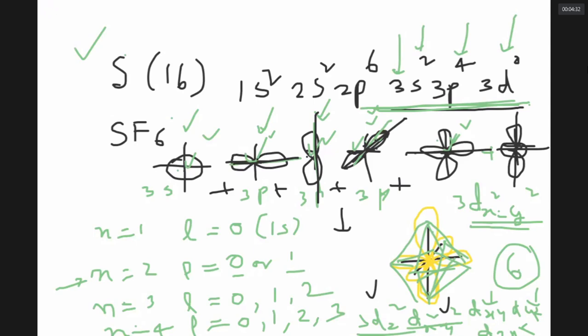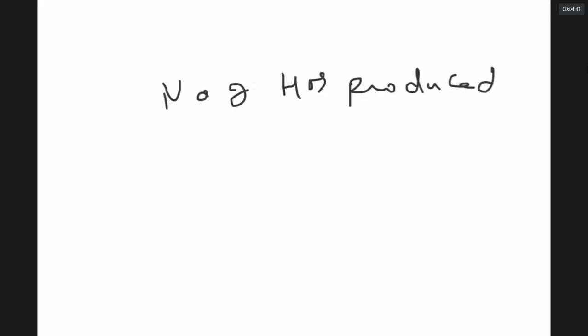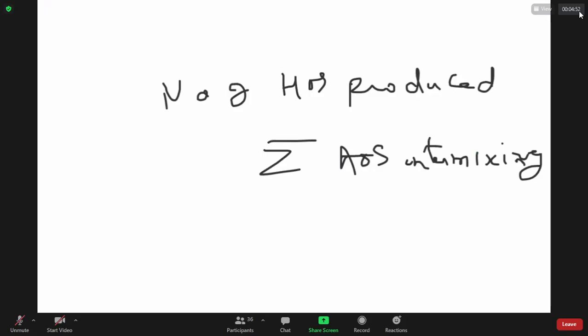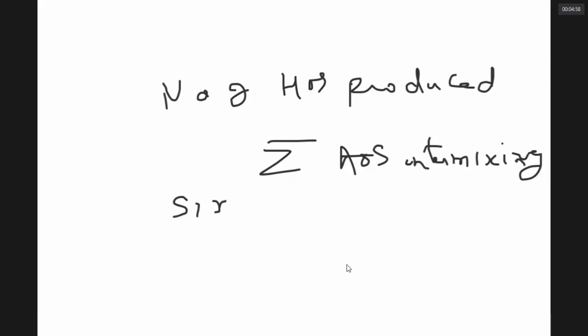So how many hybrid orbitals do I get? The number of hybrid orbitals produced is equal to the number of atomic orbitals intermixing. Yes, so here I got 6 sp3d2 hybrid orbitals.